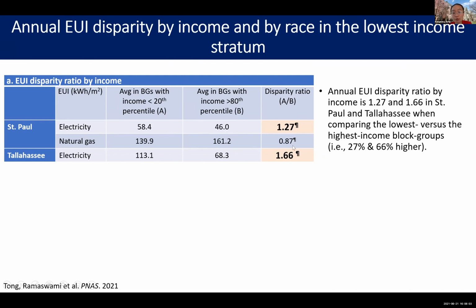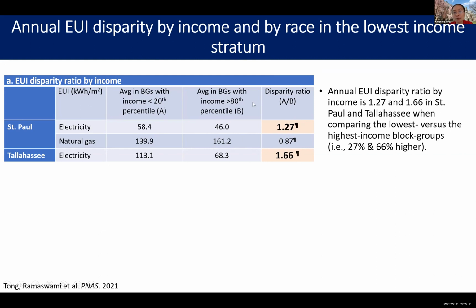And then the disparity ratio here, these symbols demonstrate the differences between these two groups are significant. And what we're seeing here is in St. Paul and Tallahassee, electricity use in the lowest income quintile is 27% higher than the electricity use intensity of the highest income quintile. And in Tallahassee, these differences are 66%.